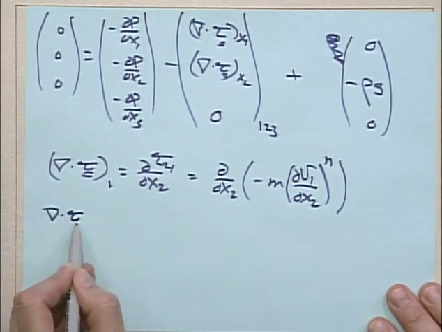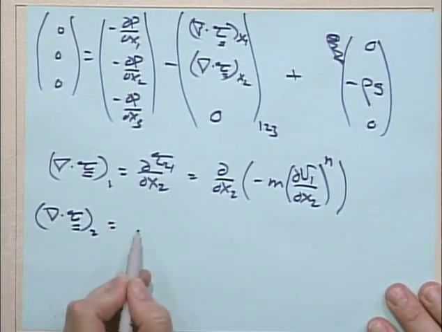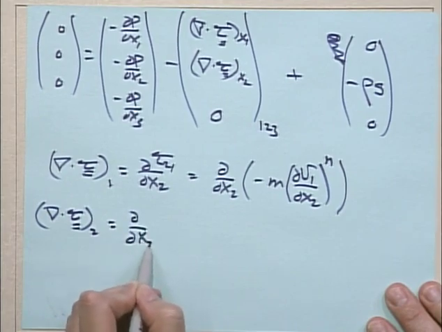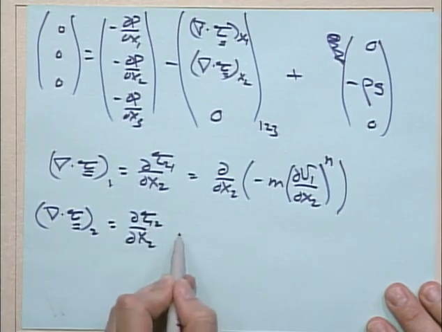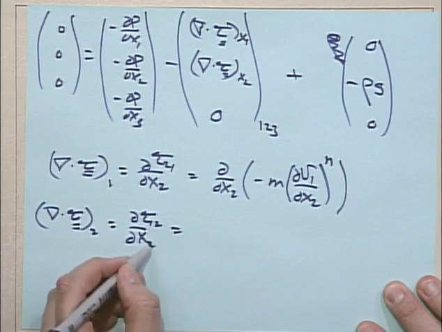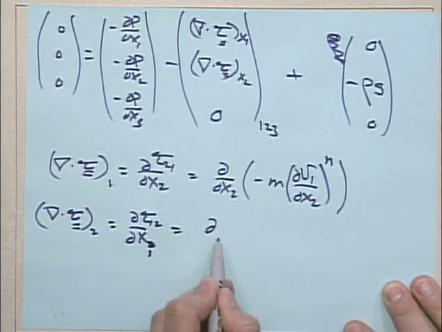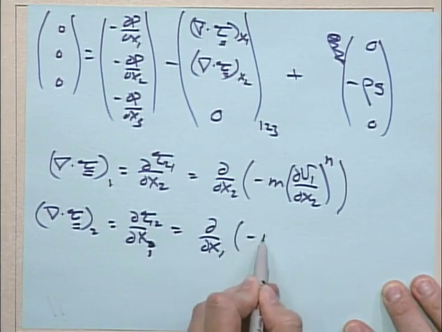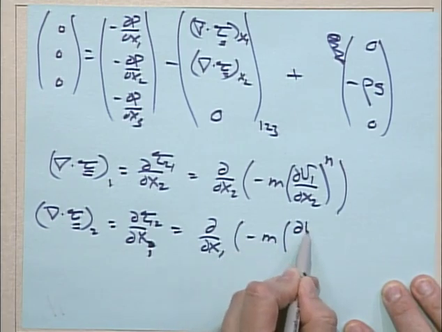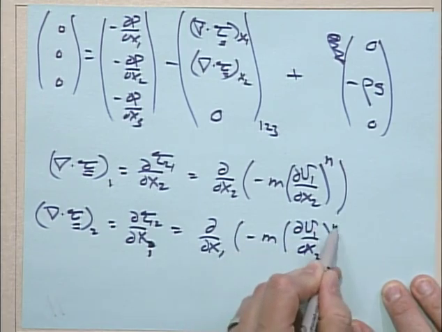Del dot tau 2 component is d by dx2 of tau 1, 2. D by dx1 of tau 1, 2. D by dx1 of minus m dv1 dx2 to the n. How about this one?